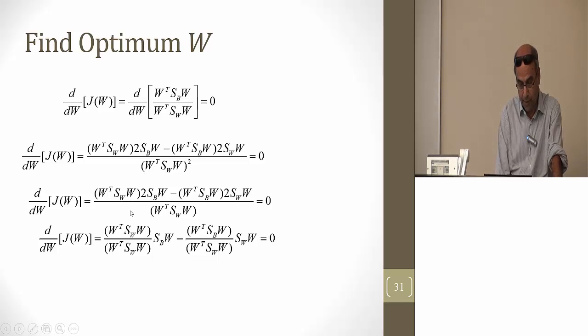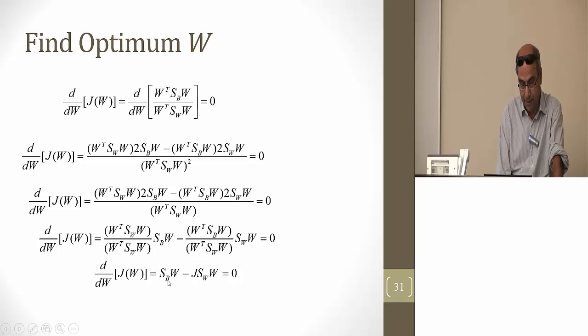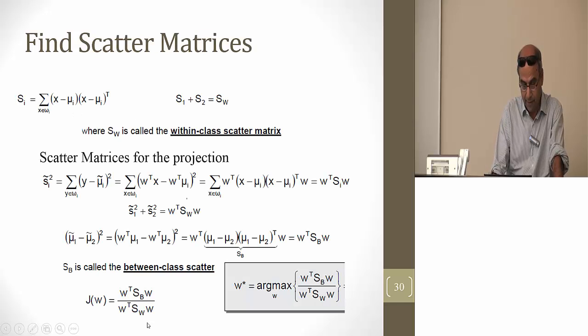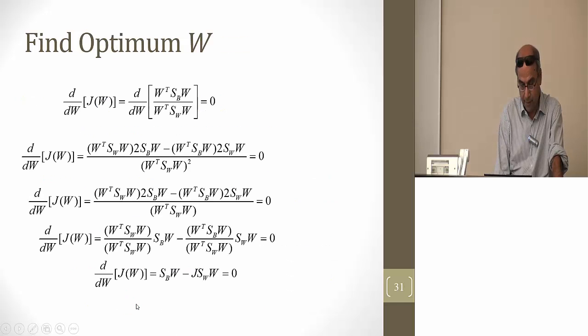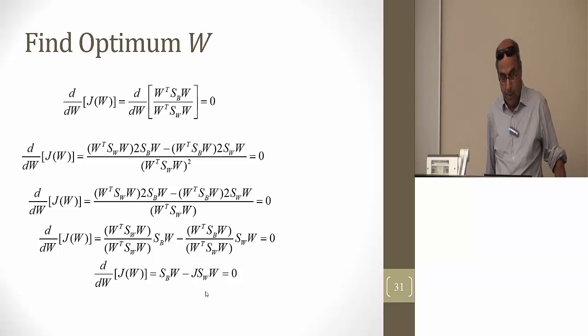So you have W transpose SW W, and we have SB W divided by this, minus W transpose SB W and SW W divided by this. So it's nice. What do you get here? This will disappear. So we'll get SB W minus, and what is this? This is your J, is it right? This is J. So SB W minus J SW W is equal to 0. So we are getting there.